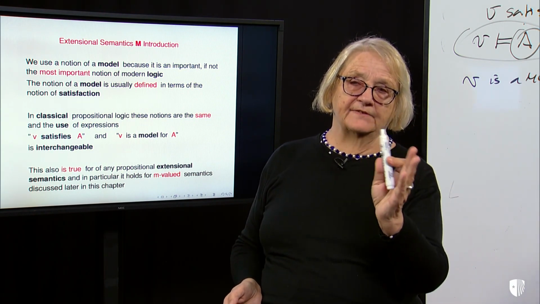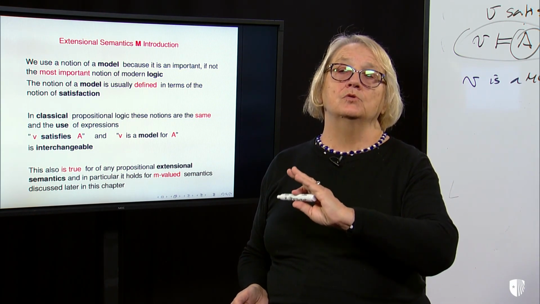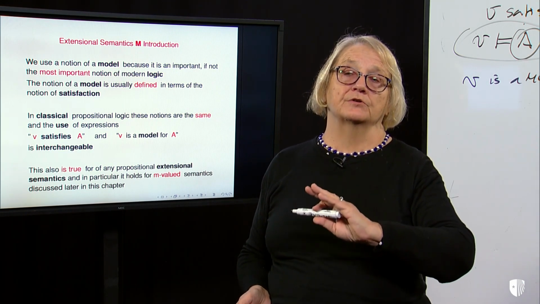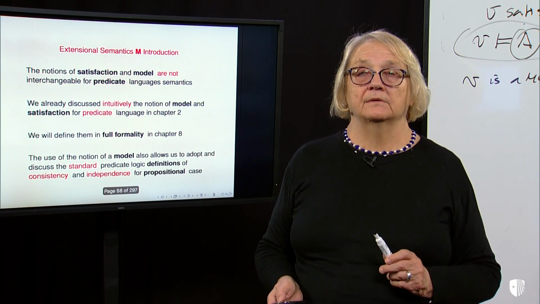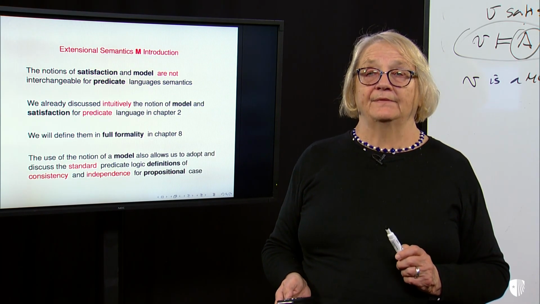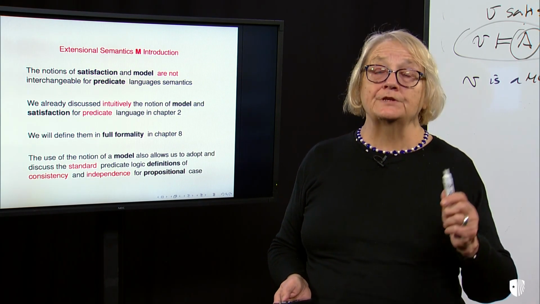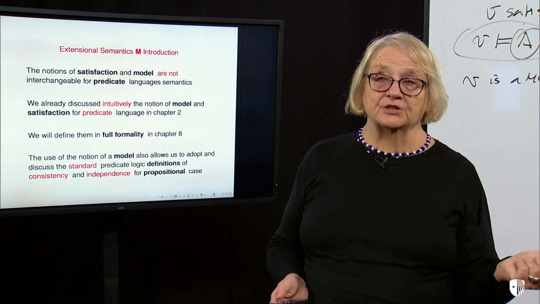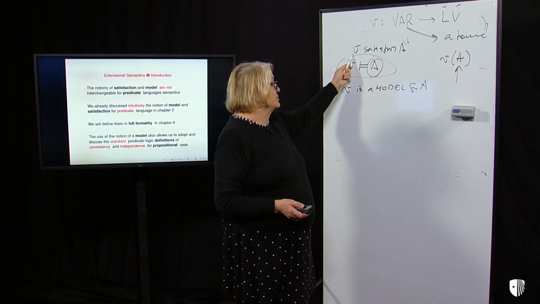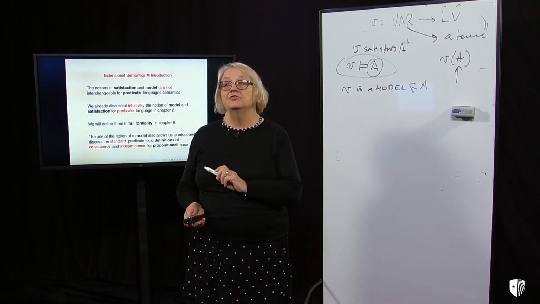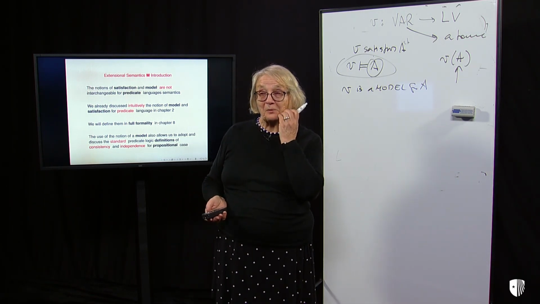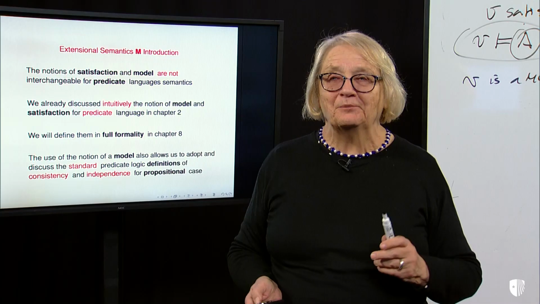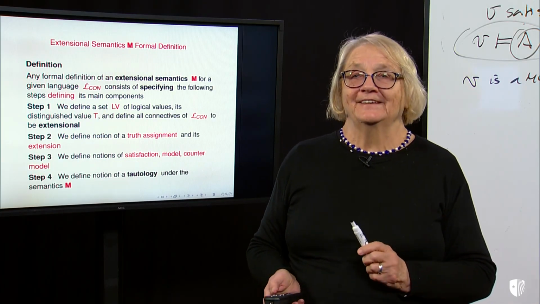That V satisfies a model is true for any propositional extensional semantics, and in particular in M-valued extensional semantics. And of course, the notions of satisfaction and model are not interchangeable in predicate logic, and things are a little bit more complex, and we'll do it in proper time, in Chapter 6.